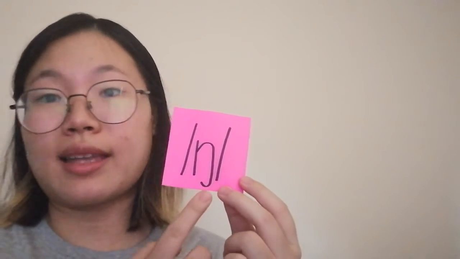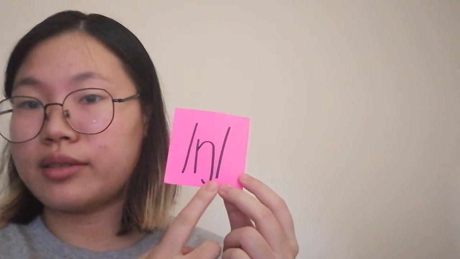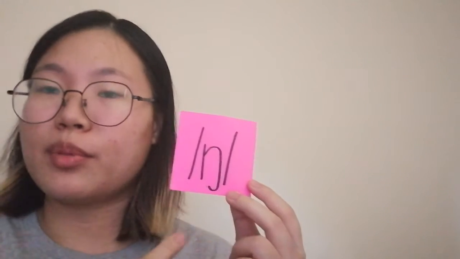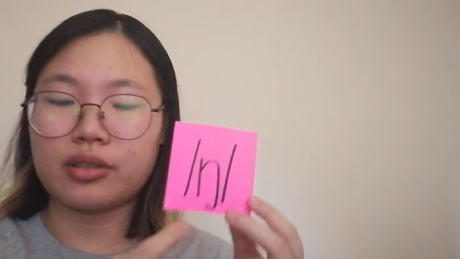It looks like the N has a small tail, but it's actually called the eng sound. These three nasal consonants have something in common: they are all voiced, but there is a difference between the three of them.